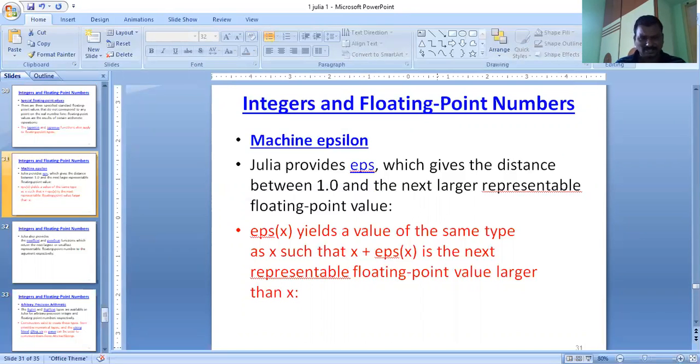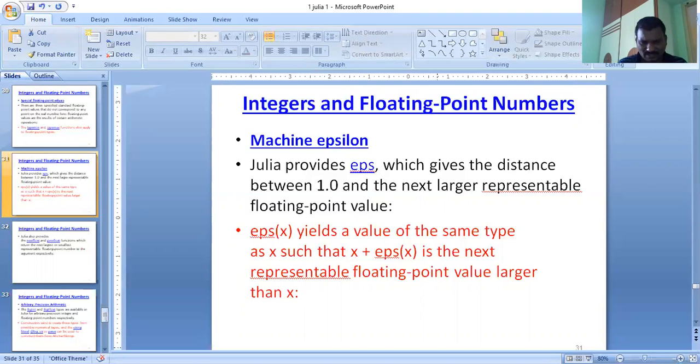Another important point: this epsilon function is always used for identifying the distance. For example, epsilon of a floating type uses a certain value, the next floating point number.